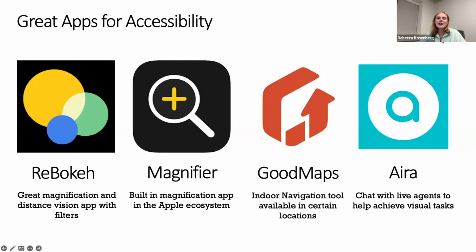Rebecca is a free app download that is a digital magnifier and also a distance viewing device right on your iPhone or iPad. And we're starting to work with some really cool organizations now, some museums and some libraries, that will let you have totally full access to the technology while you're in those spaces. So I highly recommend you check out Rebecca.